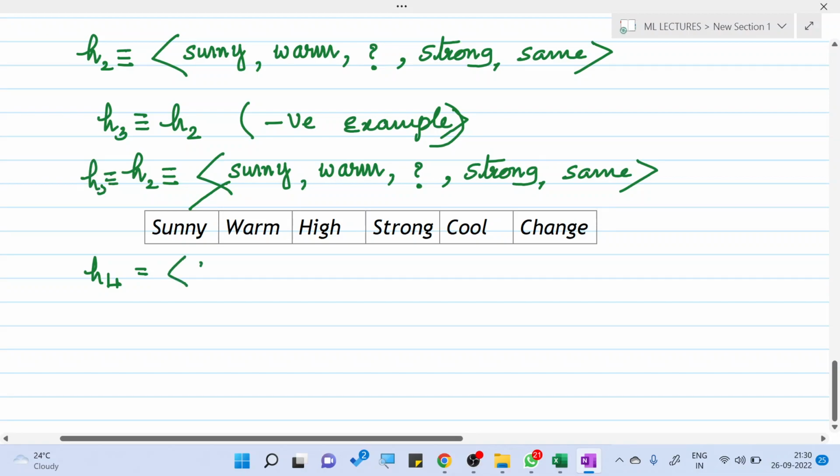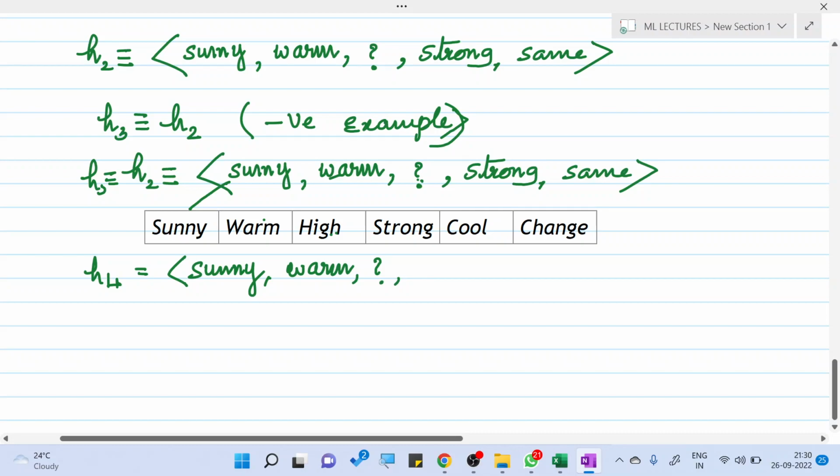So no contradiction, let me write sunny. Warm and warm, great, warm. Question mark and high, I want general hypothesis. So question mark is more general than high, so I will keep general rather than a specific value.